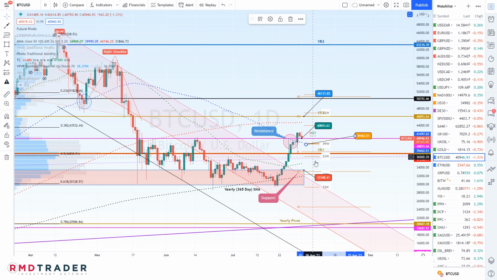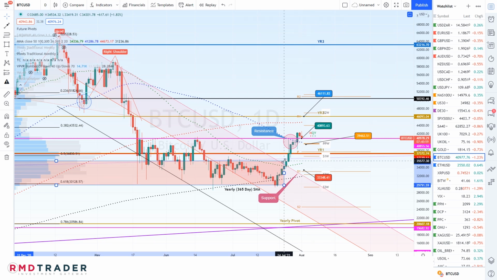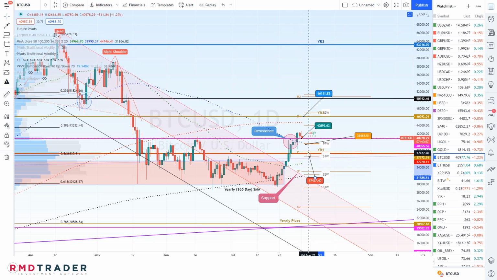As a break below that could see price move lower once again towards support, with current support sitting at this area. We have support from the monthly pivot over there, and we also have support from that level which was previously resistance over there, which is 36,000. So 36,000, very important level to keep an eye on should we lose that 39,500 level.